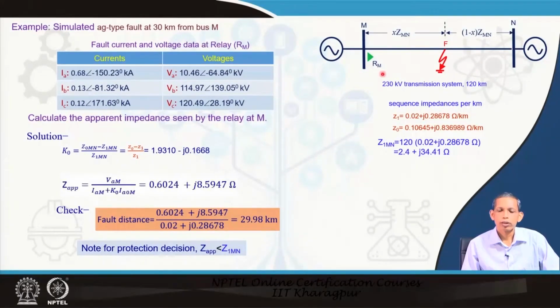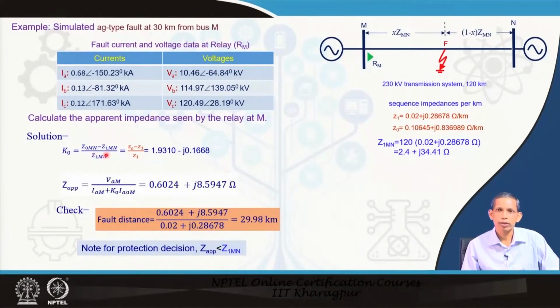So, we know that for a phase A to ground fault, we need to consider the zero sequence compensating factor K0 equals Z0mn minus Z1mn divided by Z1mn, a complex number. But note that Z0mn is nothing but the length of the line times the per kilometer z0, and Z1mn is nothing but the length of the line times the per kilometer z1. So each one has a length of the line component multiplied by the corresponding per kilometer impedance.